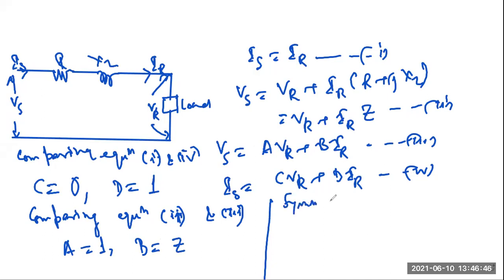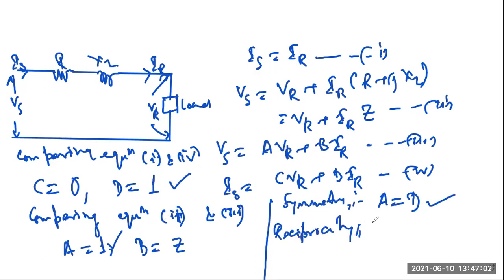The condition of symmetry is A equal to D. Here D equal to 1 and A equal to 1, so this is satisfied.